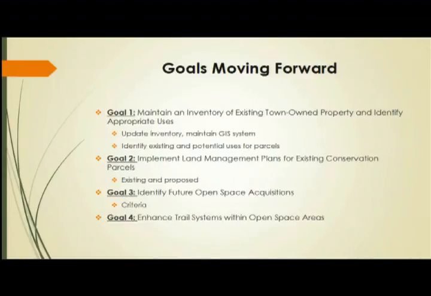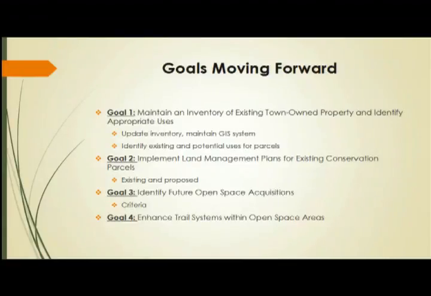The committee is not only entertaining people who want to give or sell open space to the town, but they're actually going after properties that are in key locations due to being in natural, sensitive areas, priority habitat, or areas sensitive for water quality protection, things like that.